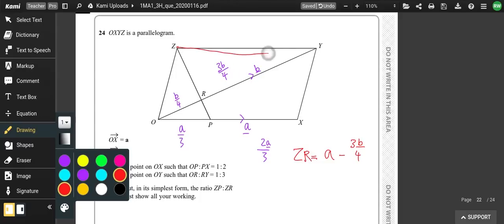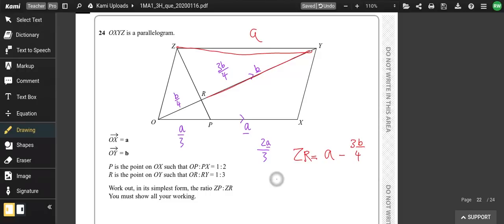So I've gone A to there, and then minus 3B over 4 to there. Sorry about that. Let's do ZP this time. Let's see if I can get this right way around. So I need to go A to get to Y, then minus B to get to O, then I have to add A over 3. So I can collect that together and I get 4A over 3 minus B.